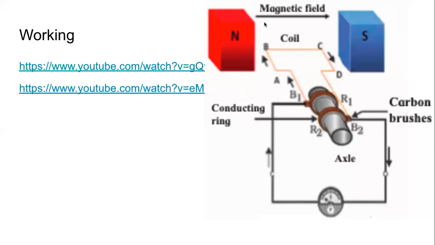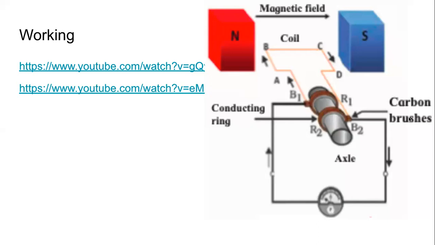And in this case, the rings are called rings, or there is another name for that. They are called slip rings, not split rings. Not split, they're not half. Slip, S-L-I-P, slip rings or just rings.